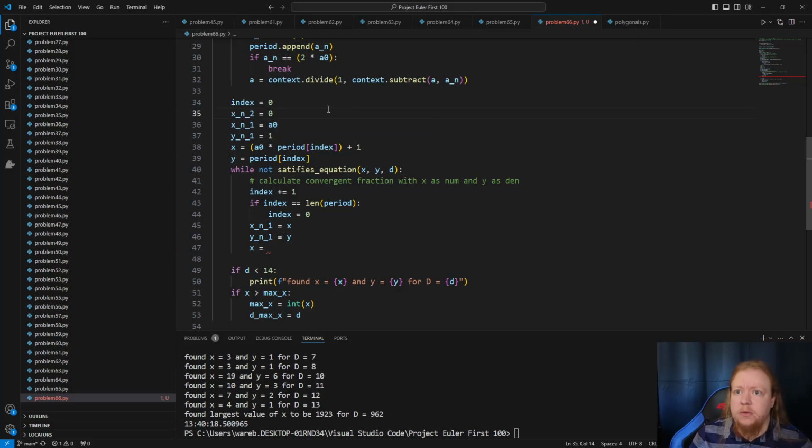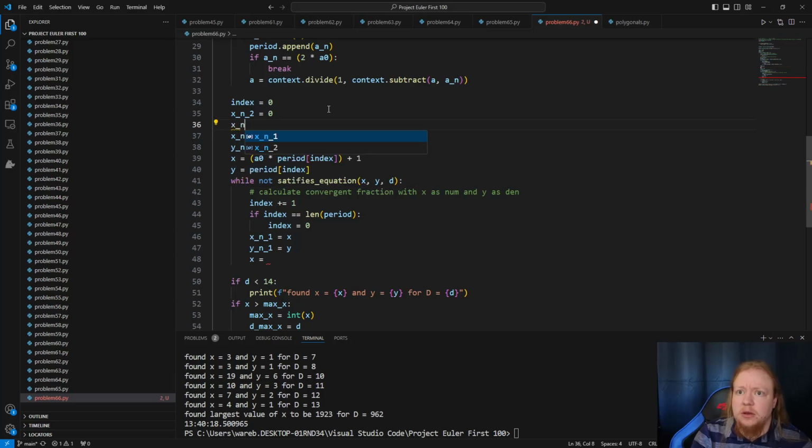X of n minus 2 equals 0. Y. X of n2 is equal to x of n1.